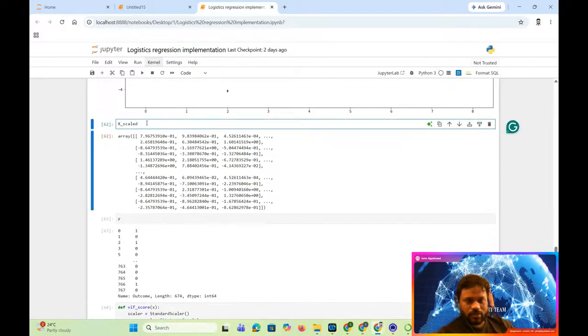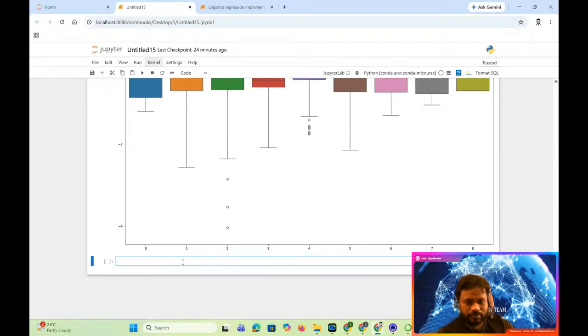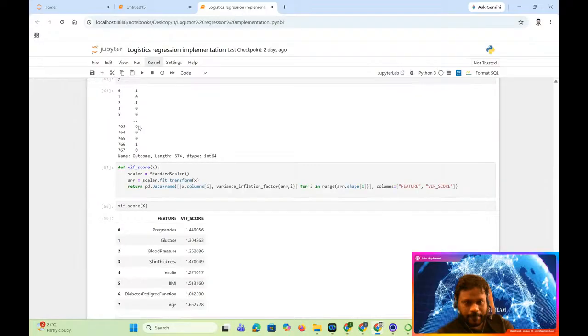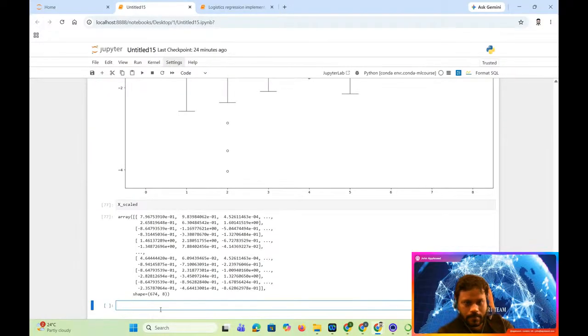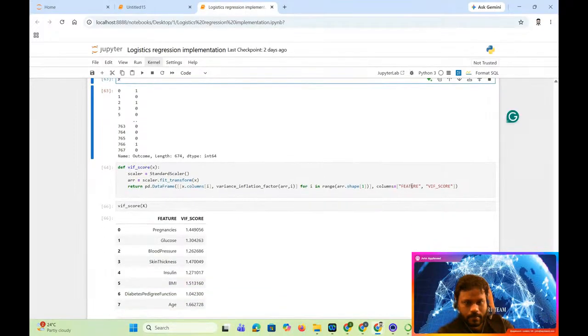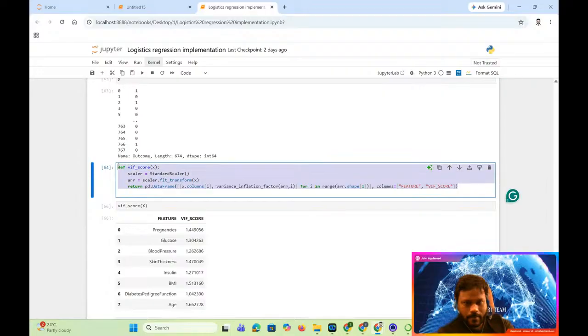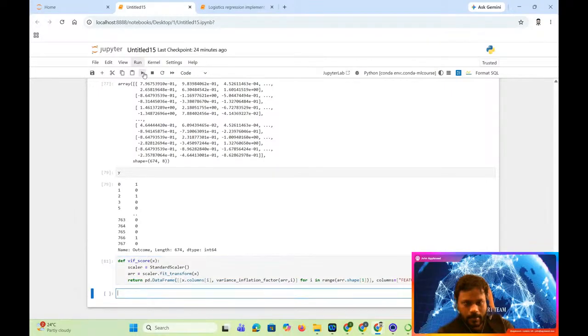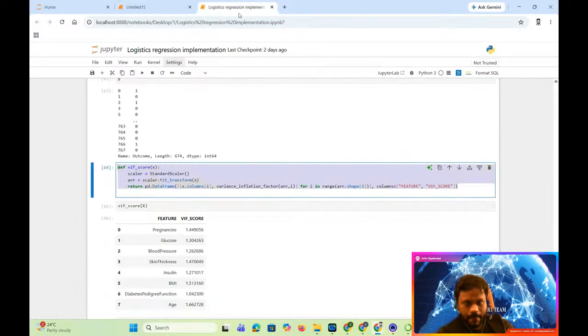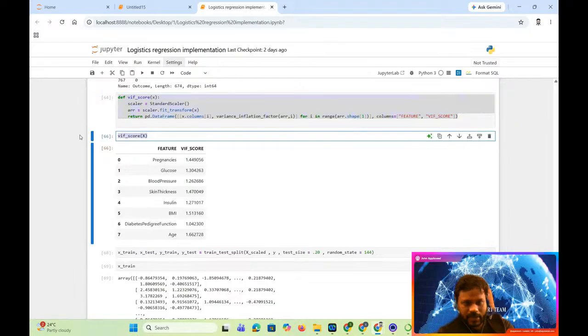scaled. Now go to scale these things. Now you can see the scores.